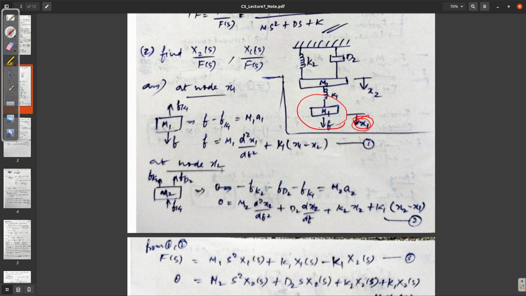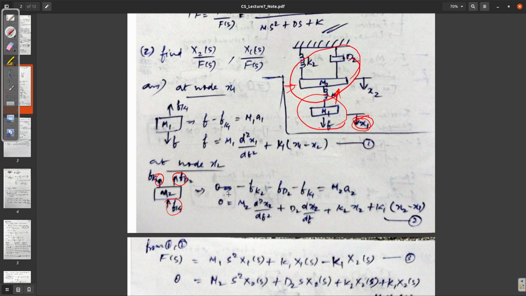Similarly, at node 2, what can we do? Here at node 2, right here also we write the equation. So this spring is applying a force upwards, right? That is shown here. Then similarly we have the spring and the damper applying forces upwards to this particular mass.